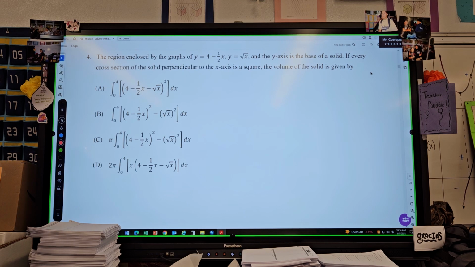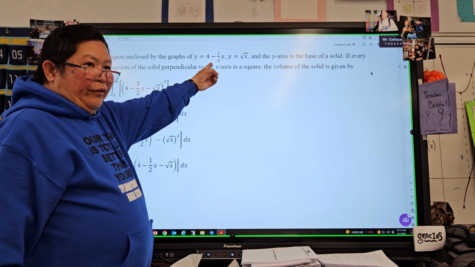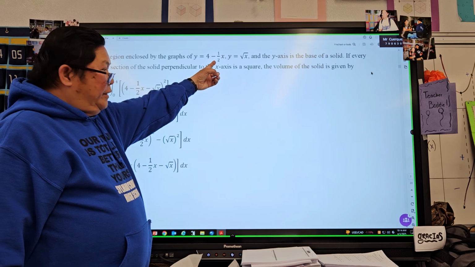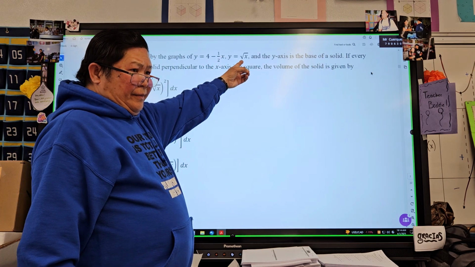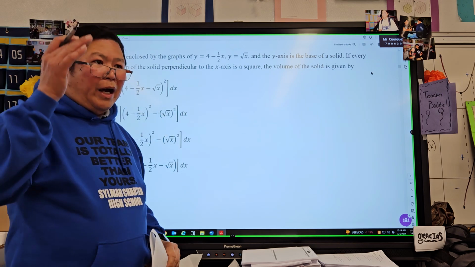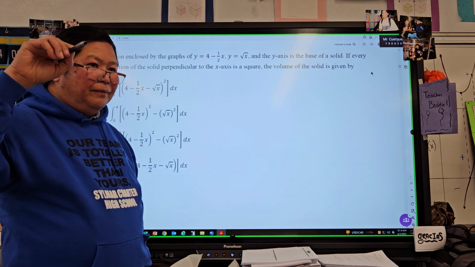So this time, I just need you to highlight first the important words or important functions. So what is this? Is this a line? It's a line, right? 4 minus 1/2 x. And then, what is this? Square root. So can you now imagine, what is the slope of the line?